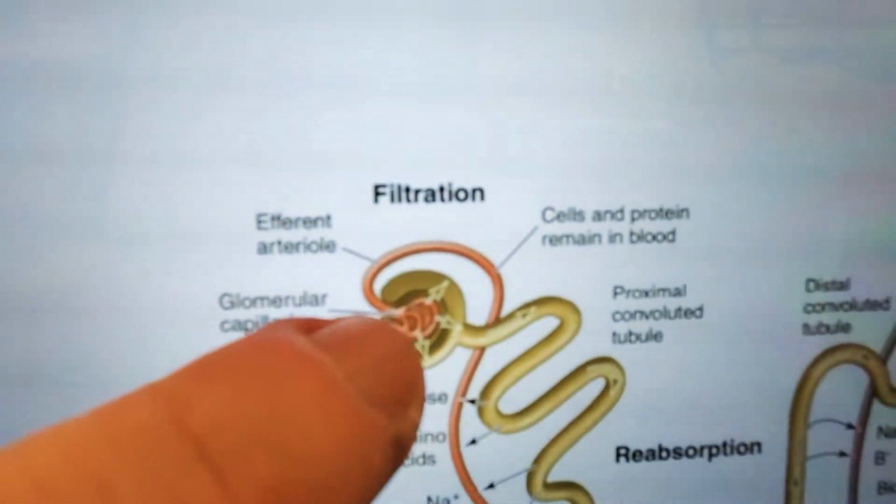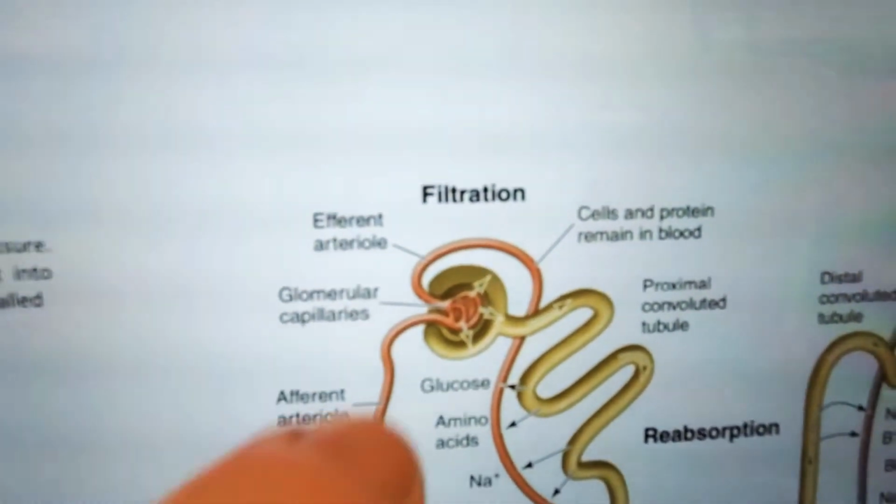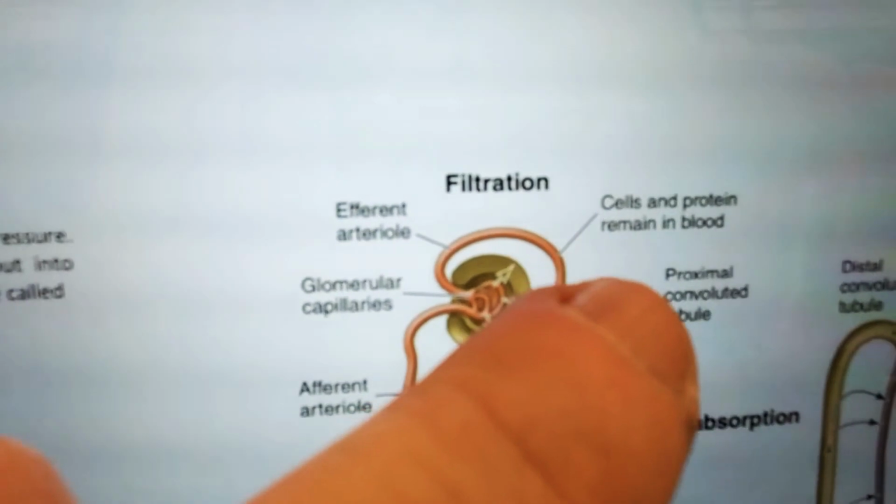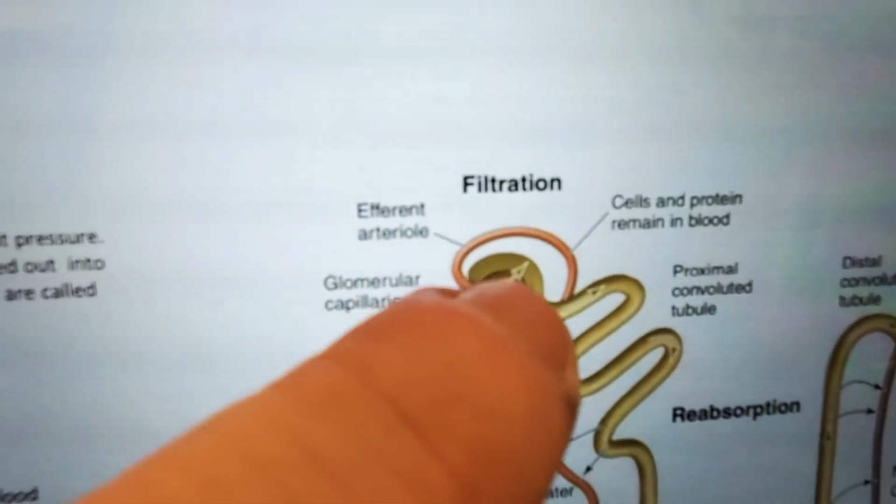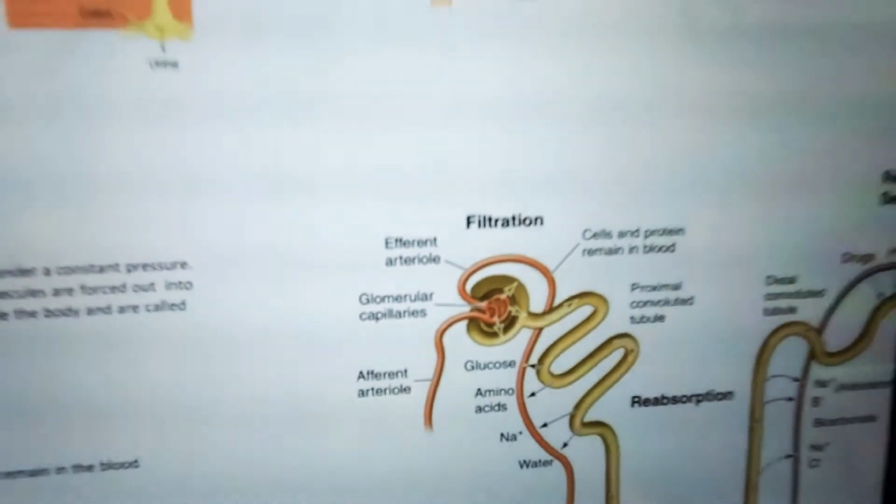So a bunch of water comes out, those small molecules, and then it continues on. The blood continues on in the efferent arteriole, and the pressure pushes the stuff that was filtered out down the nephron. The stuff that was filtered out is called filtrate.